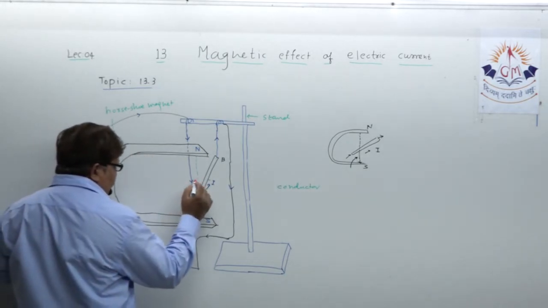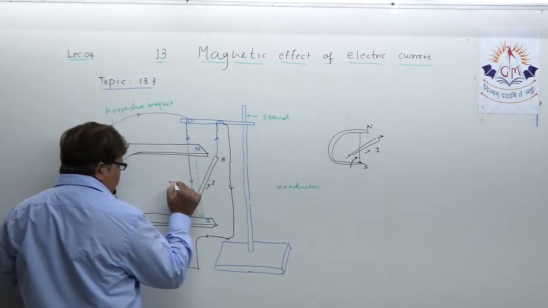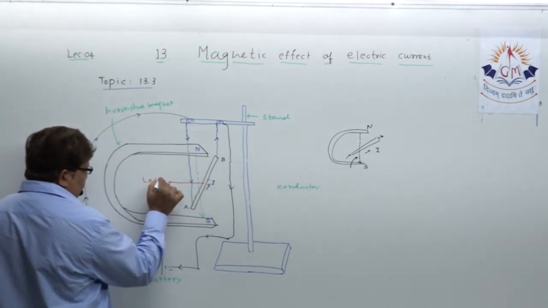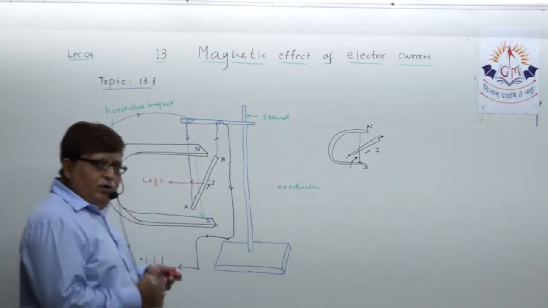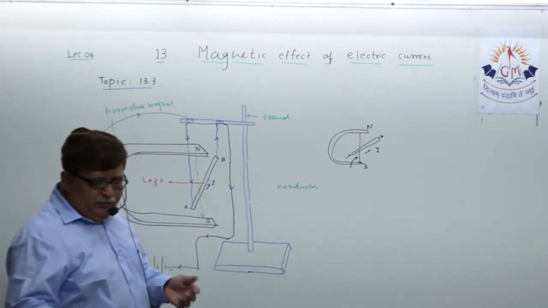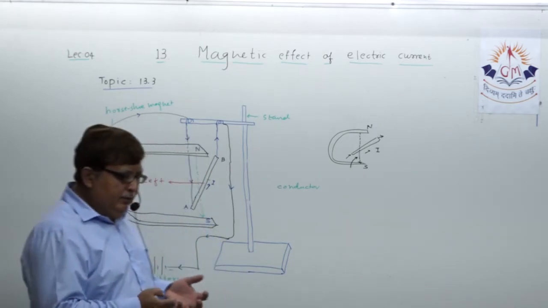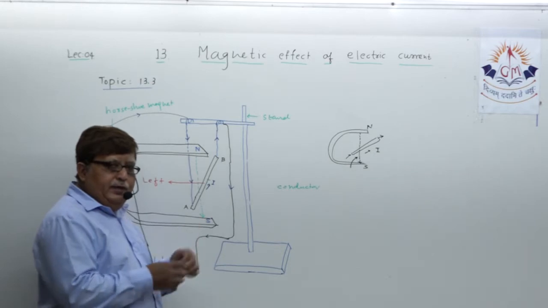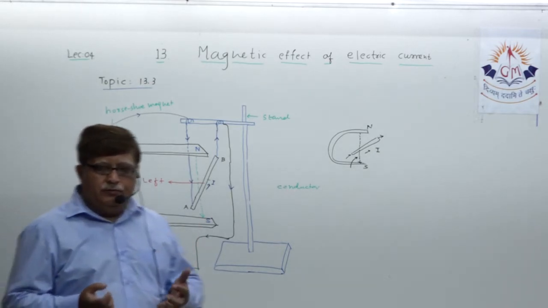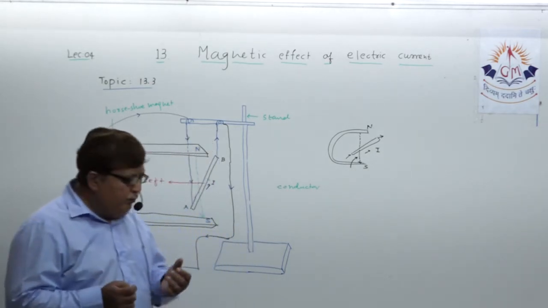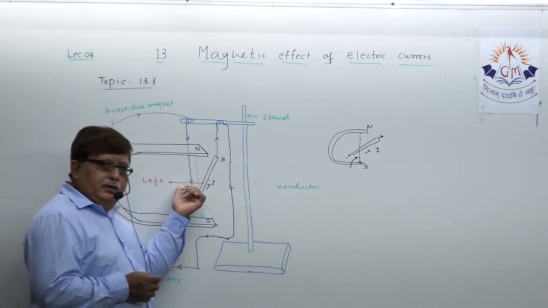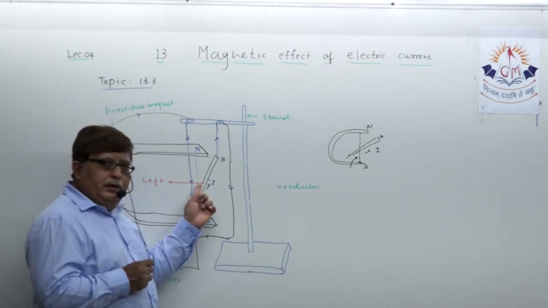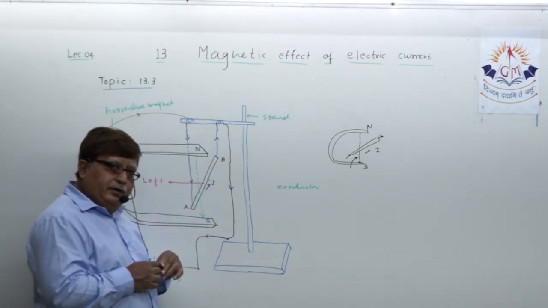It will be pulled in this direction. By what? What is actually existing there which is pulling the conductor in the left direction? Actually, it is one type of pulling force which is generated and acting on the conductor.